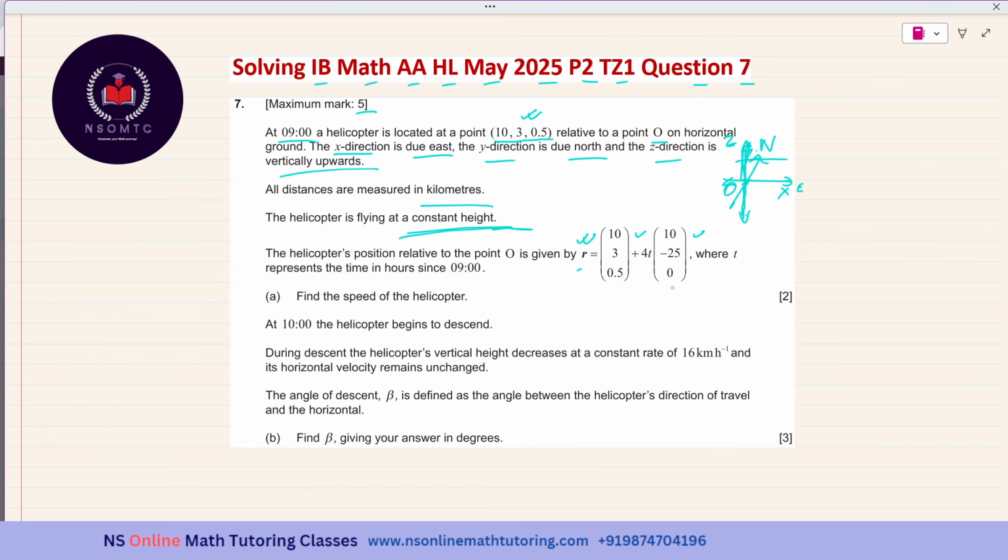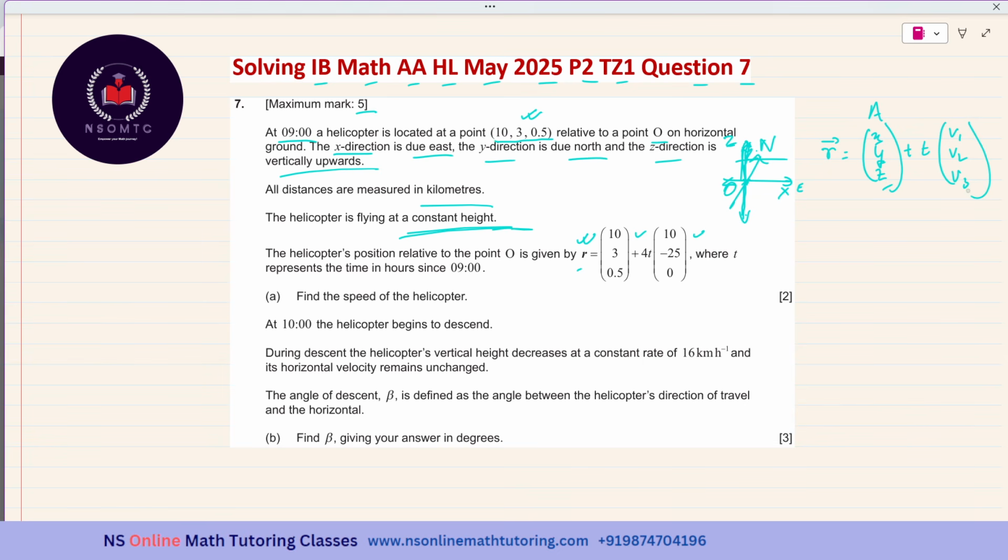Now we know for objects moving with a constant velocity, the position vector is given by, maybe starting from some fixed point A with fixed values for x, y and z, plus t, the time, times (v1, v2, v3).